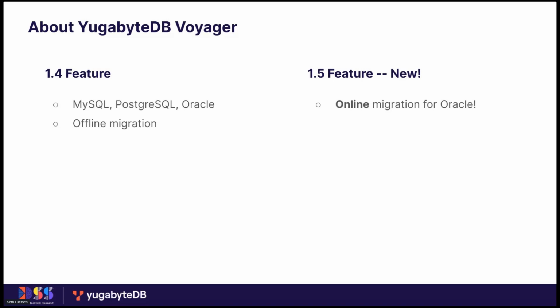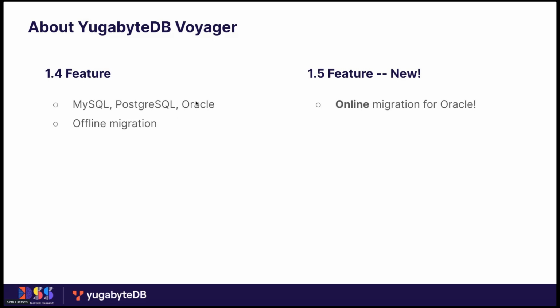But when we talk about YugabyteDB Voyager, it's been out now for a couple of months. The previous release was 1.4, and it affords migration from MySQL, PostgreSQL, and Oracle. I don't know what version of Oracle we go up to.